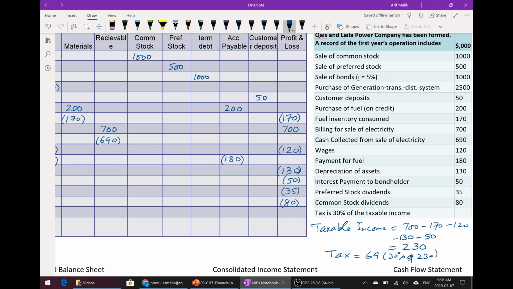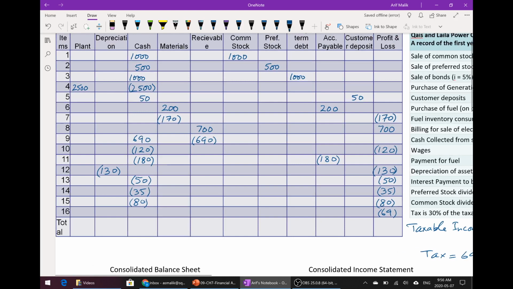Okay, 30% of taxable income 69. So we put 69 here. This is given as an expenditure, and of course we have the cash gone here, and that's it. We have filled all the items.